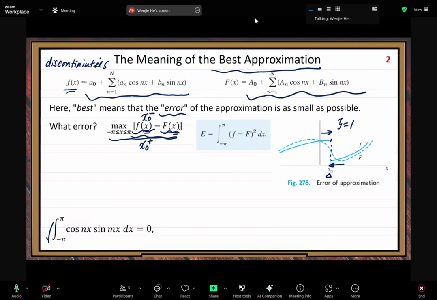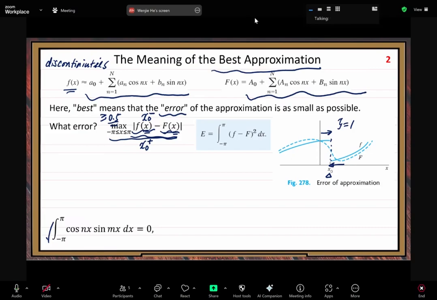So how can you use the same capital F value to approximate two different numbers, the left limit and the right limit? So the difference is at least 0.5. That means you cannot approximate the original value better than 0.5.